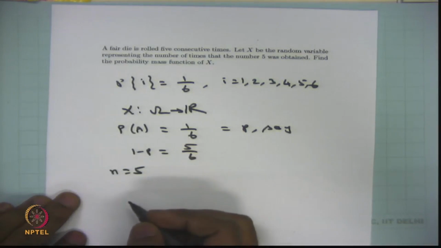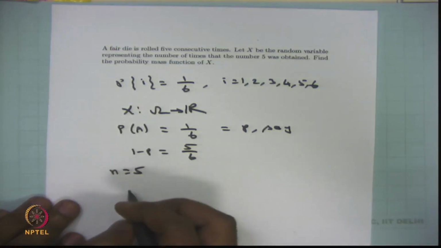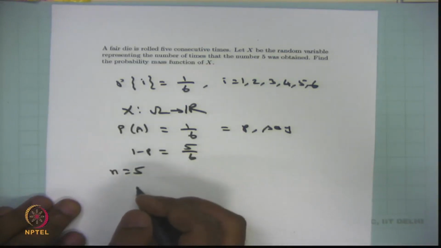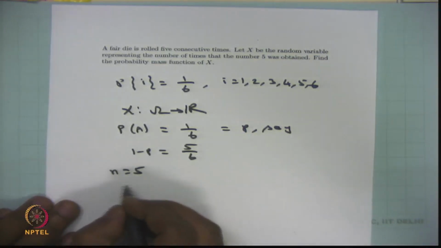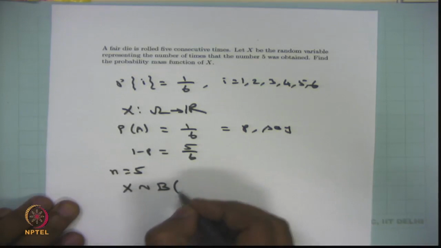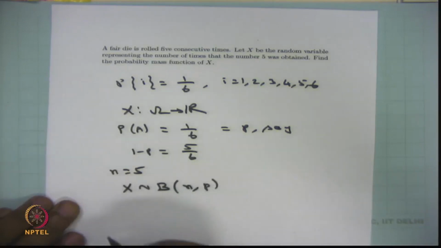The random variable X represents the number of times the number 5 was obtained. That means it is the same as 5 independent Bernoulli trials, and X represents the total number of successes in n independent Bernoulli trials. Therefore, we can conclude X follows a binomial distribution with parameters n comma p.